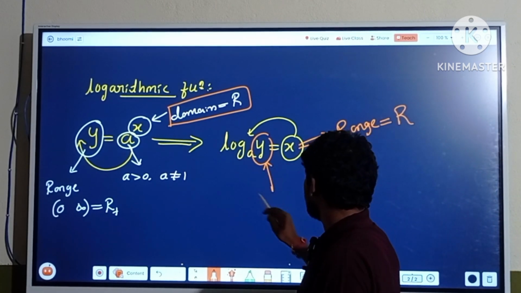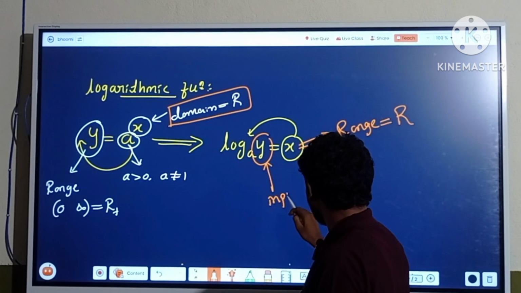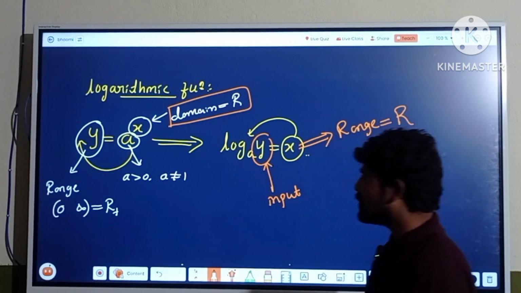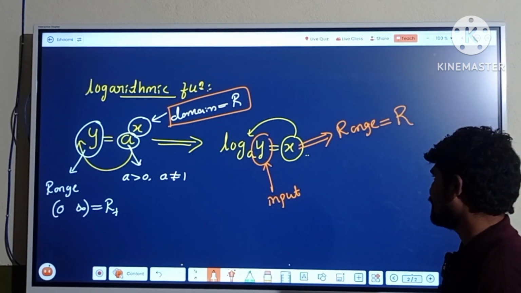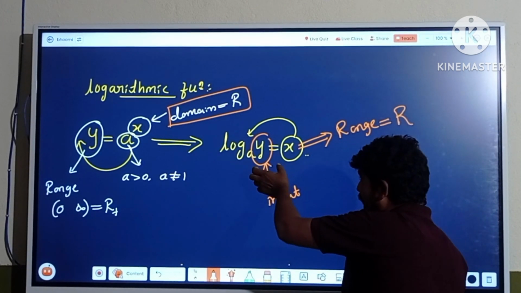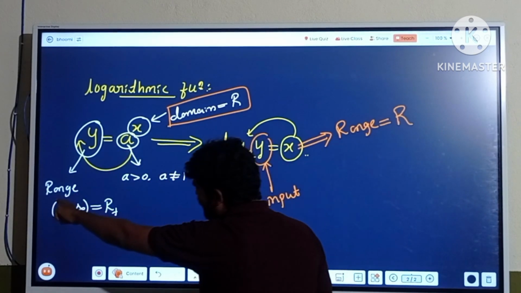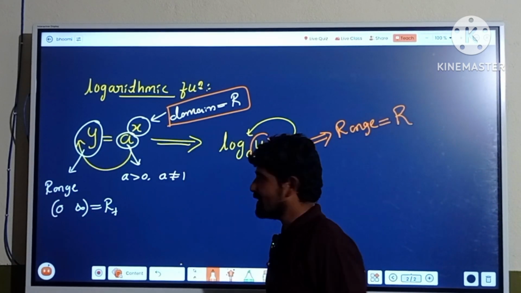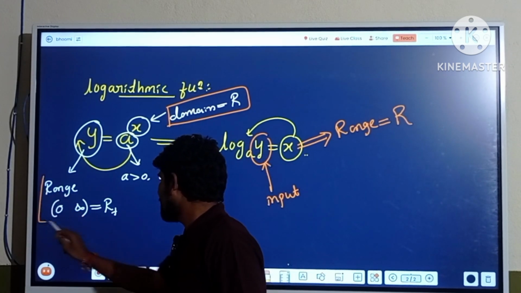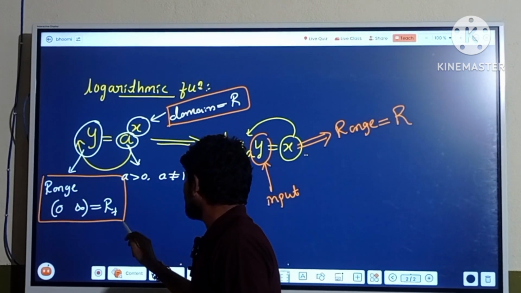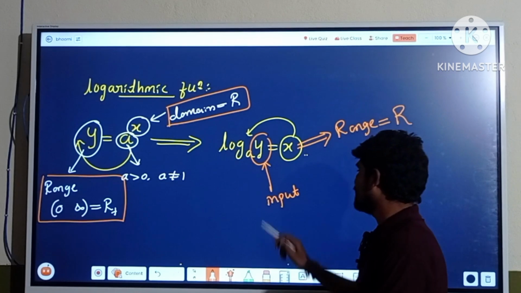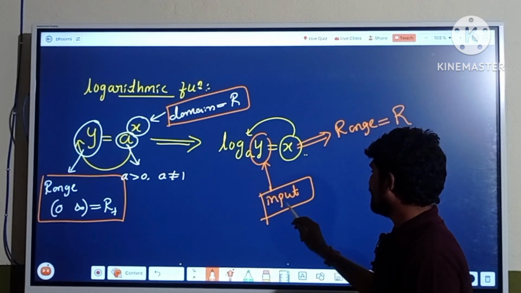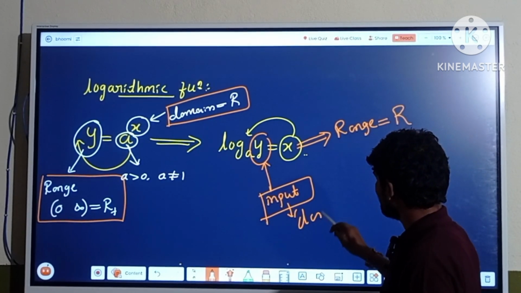Therefore, the range of the logarithmic function is the set of all real numbers. And what is this y? The set of all input values, and we know that the set of all input values is called the domain of the function. This y in the exponential function is considered the set of output values, and it is the range of the exponential function. Therefore, the range of the exponential function is nothing but the domain of the logarithmic function.